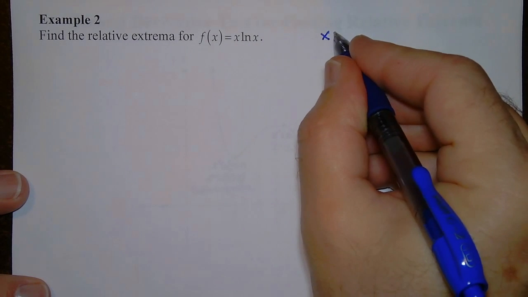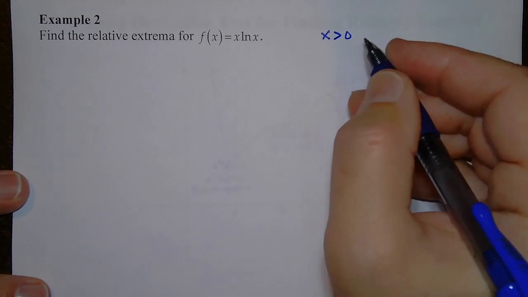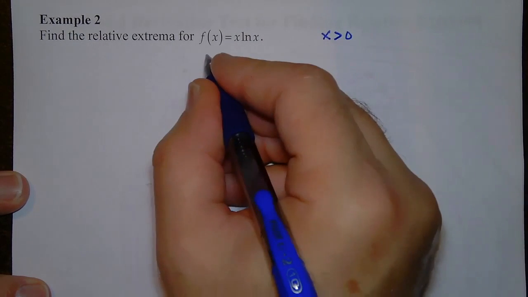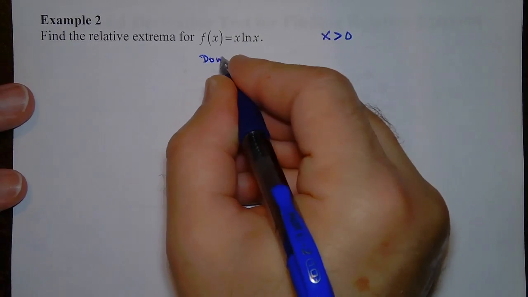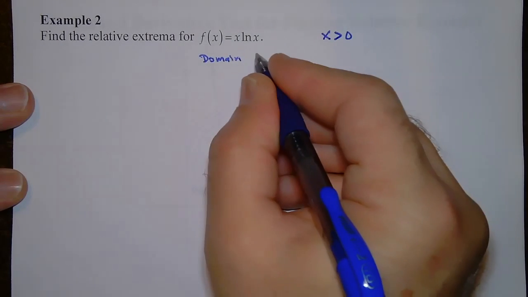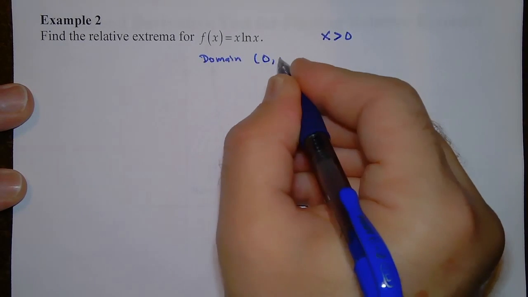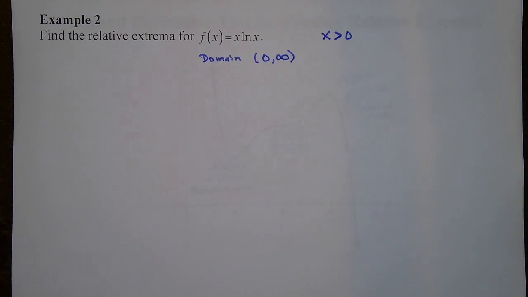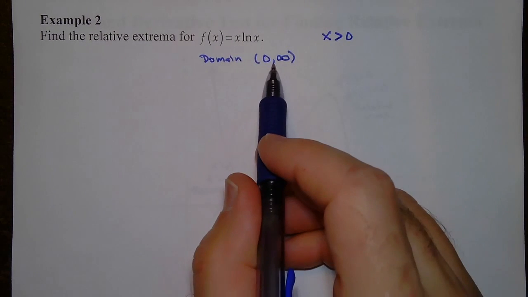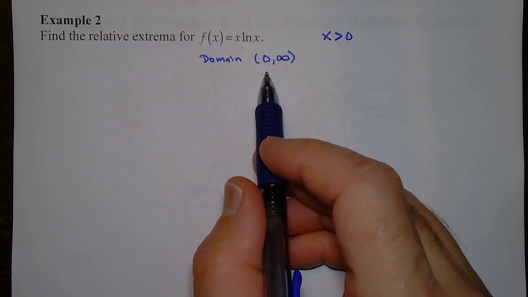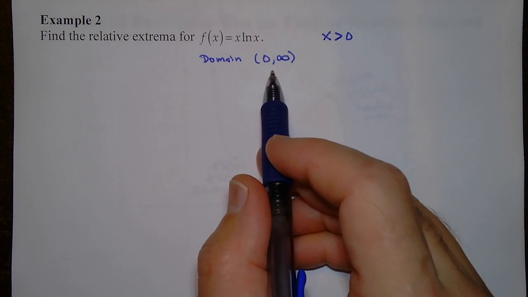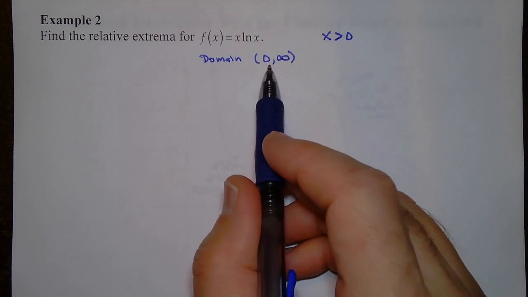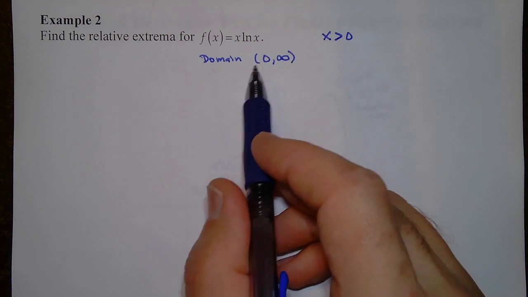So this x has to be greater than 0, which tells us the domain for this function would be 0 to infinity. If we get an x value where the derivative is 0 that's not within this domain, then we're not going to use it. There's no point in it because the function doesn't even exist at 0 and to the left of 0.